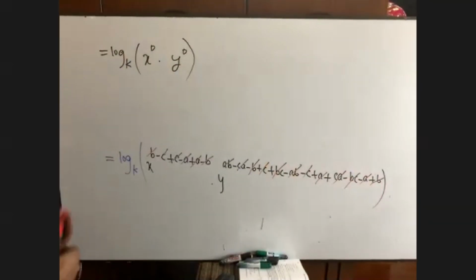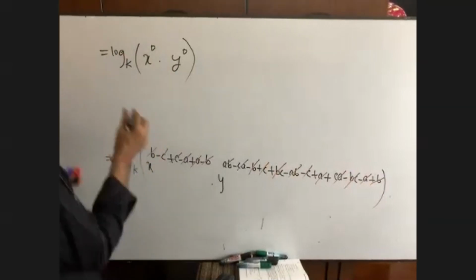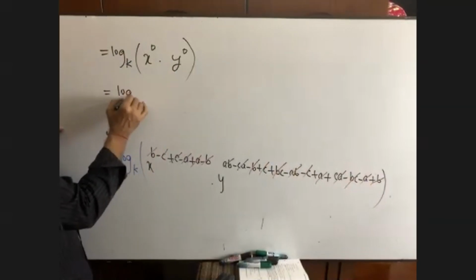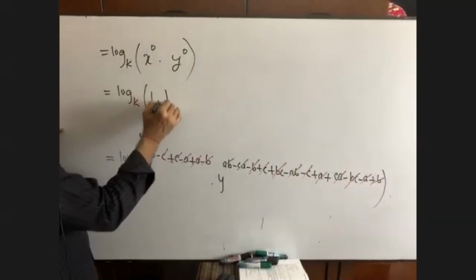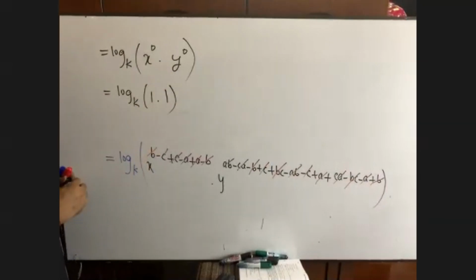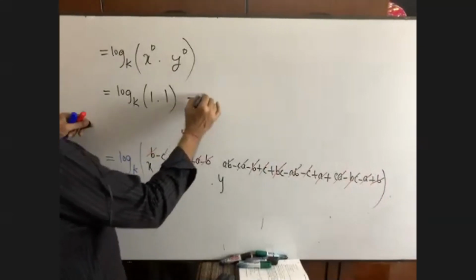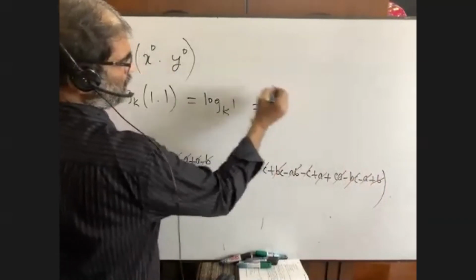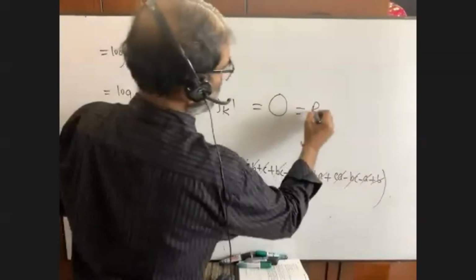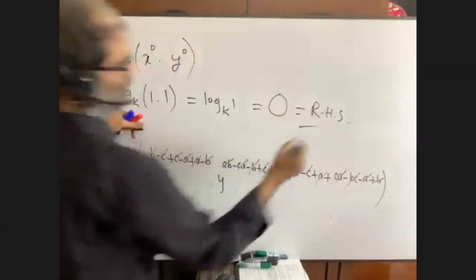So we are also getting y to the power 0. Now what we know, something to the power 0 is equal to 1. That means we are getting here log k 1, and log k 1 equals what? So we are done here.